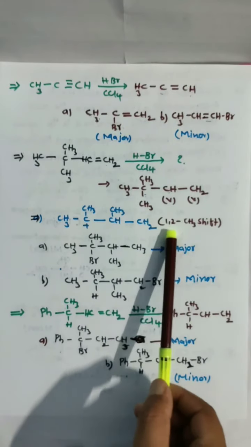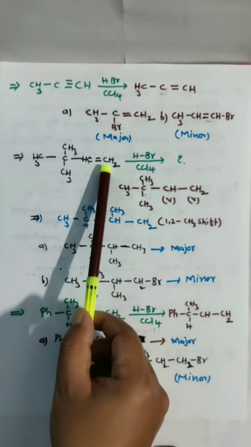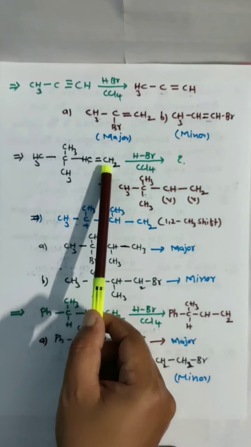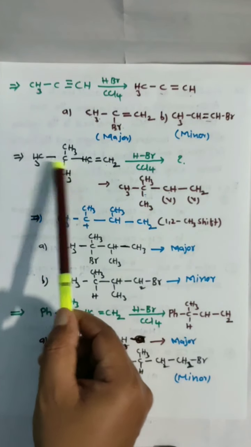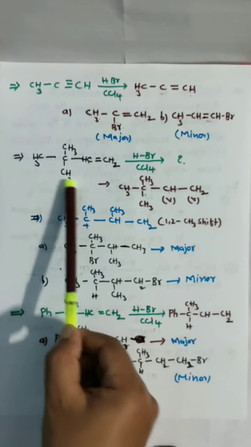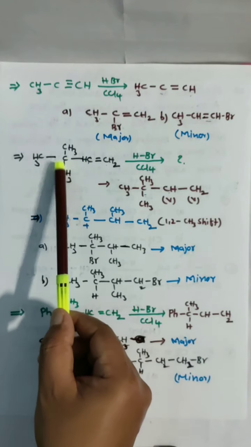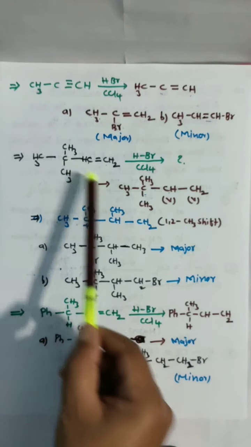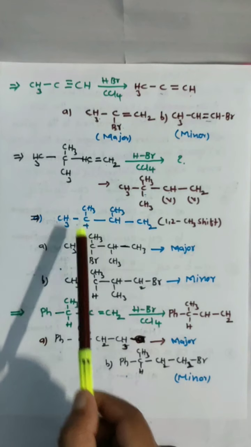See, here we did a methyl shift. Why? Because in this reactant we have 1 degree, here 2 degree, and this is 3 degree. That's why this methyl gets attached here. Here you got the vacancy, then immediately you got the carbocation here.